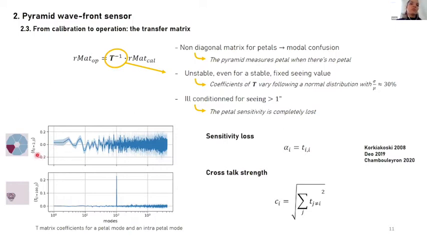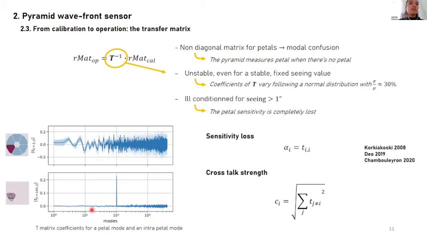This is an example of what we obtain as a coefficient for the T matrix. Here is for a petal mode, and this is for another mode which is out of petal. We clearly see here the peak, which stands for the sensitivity loss, and very little crosstalk.